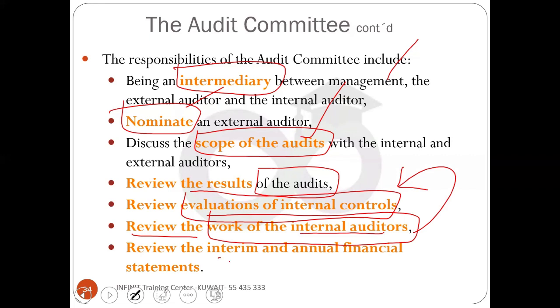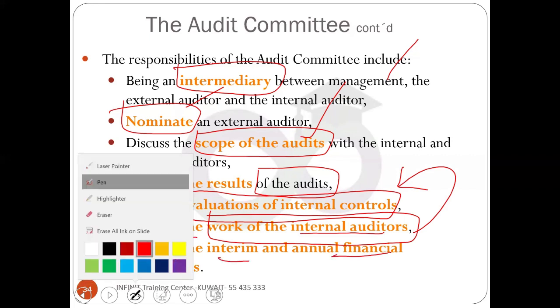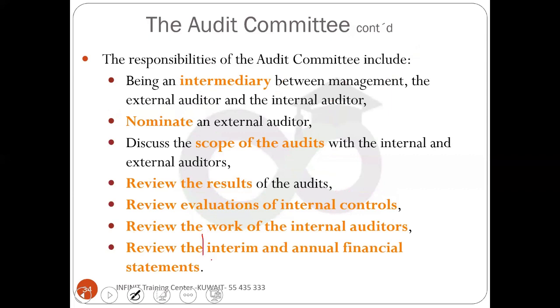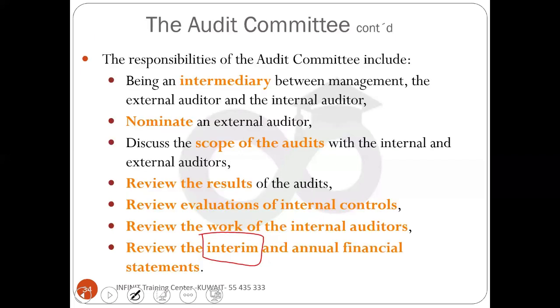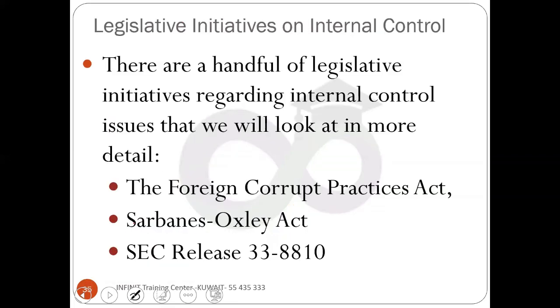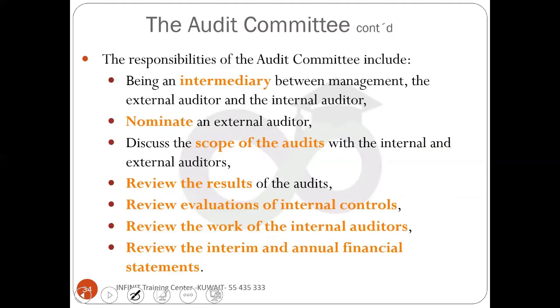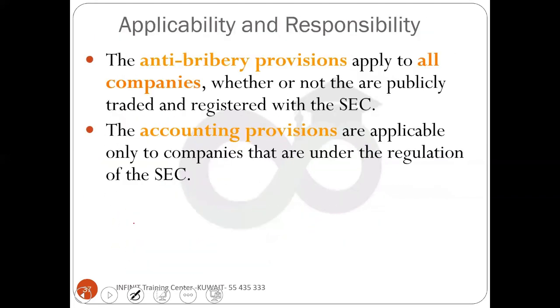Also, they will review interim and annual financial statements. Interim means in between, for example a quarterly financial statement. And they have to review the annual financial statement too. So these are the responsibilities of the audit committee.